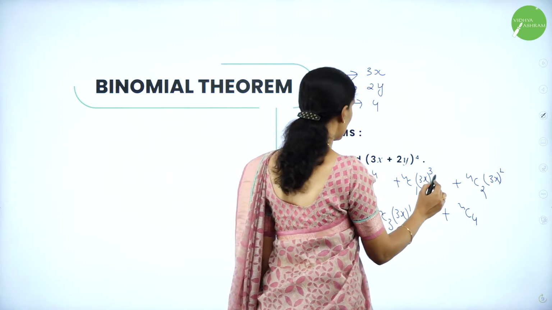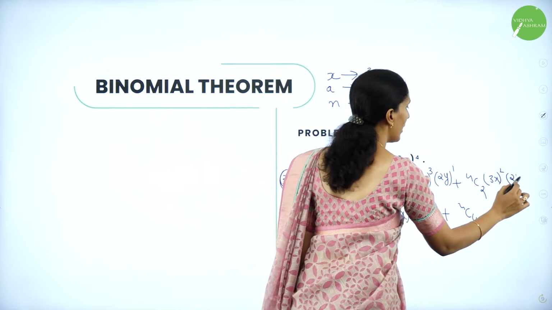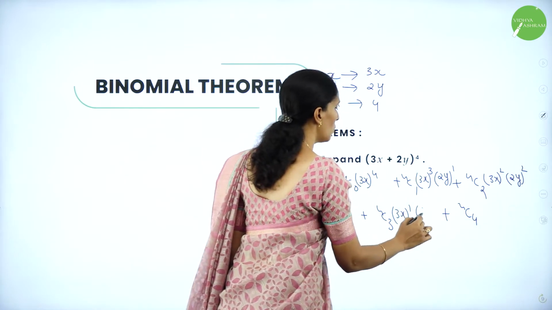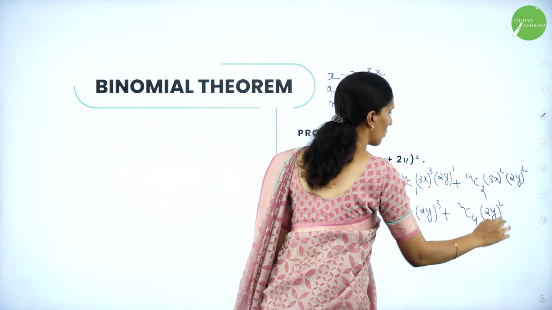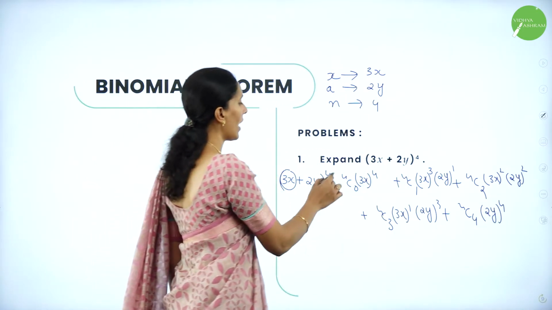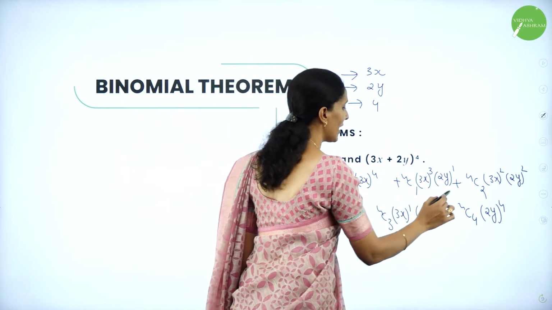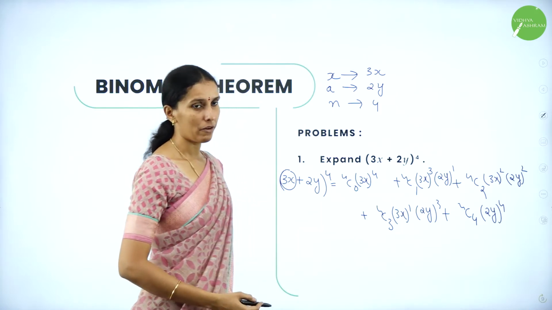In the second term, it is 2y power 1, 2y power 2, 2y power 3, and this is 2y power 4. So this is how the expansion looks using binomial theorem. Write all the coefficients in the NCR formula, decrease the power of x and increase the power of a.